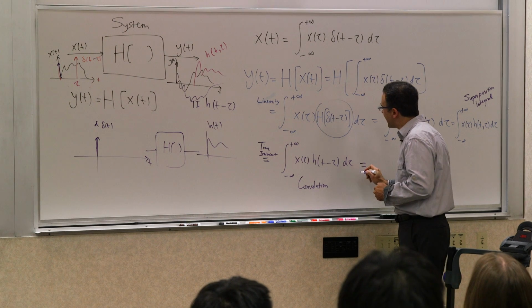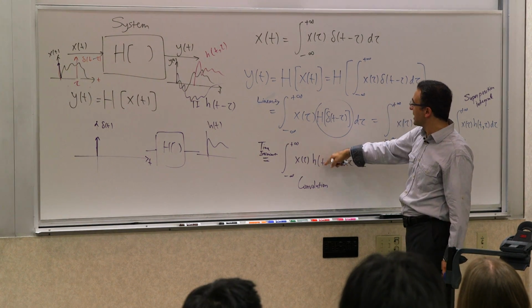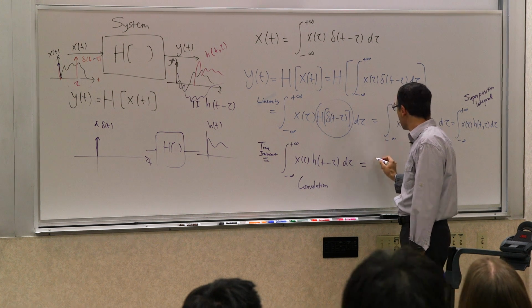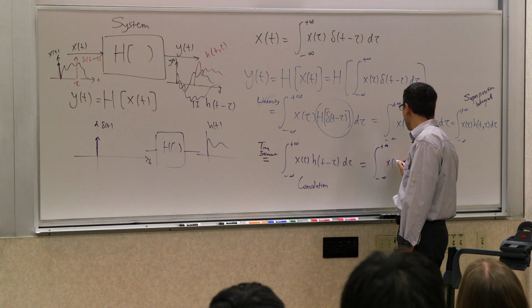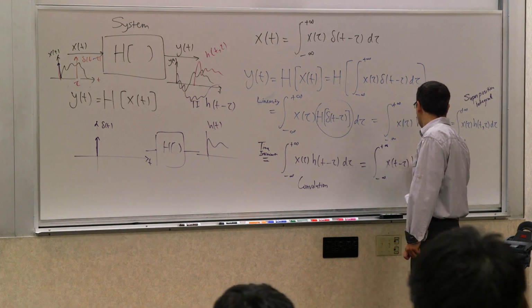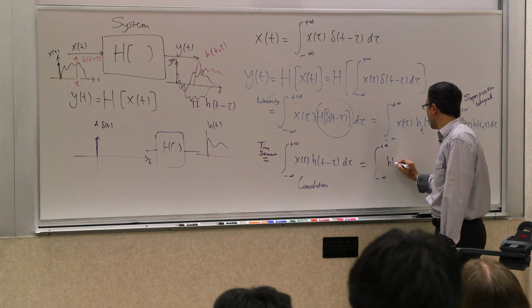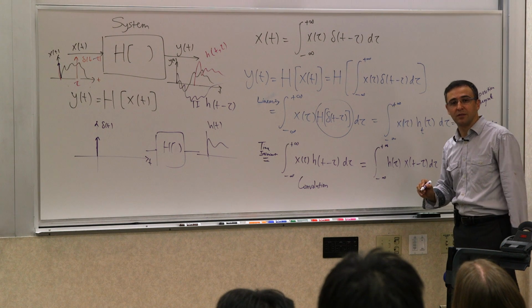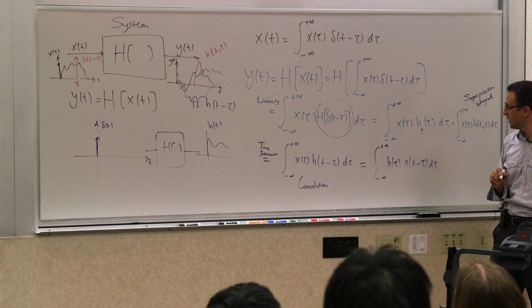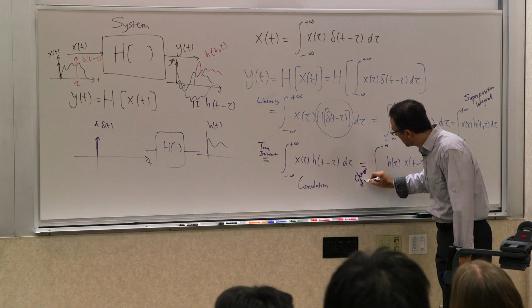Now you can easily see that if you also do a change of variable, if you define t minus tau as t prime or tau prime, then you can also write it in this form: h of tau, x of t minus tau, d tau, with the change of variable, right?